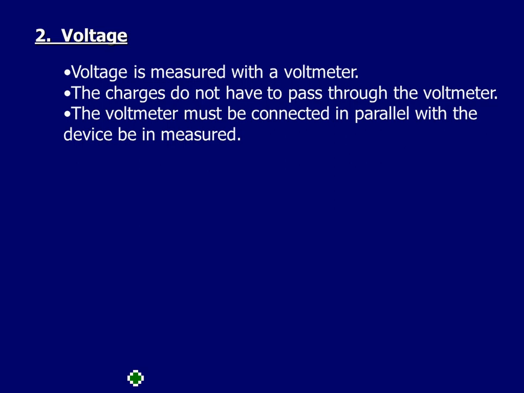Notice it says there, charges do not have to pass through the voltmeter. It's not that I'm counting things. In my analogy, remember the volts is the gravel on the truck. A voltage meter measures how much gravel is either picked up or how much gravel is dropped off.